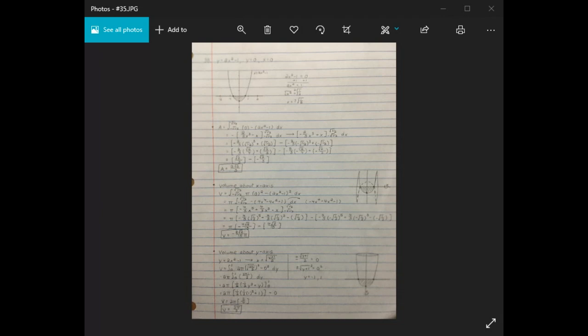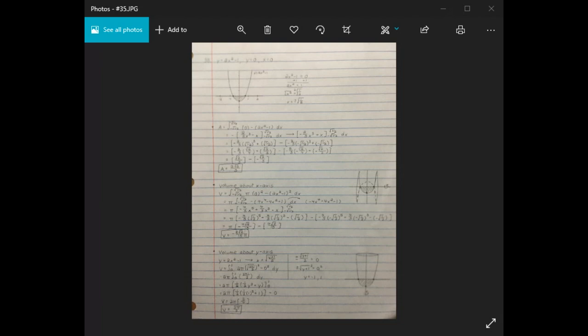And that would be -4x to the fourth plus 4x squared minus 1 to integrate, and then we found the antiderivative, which is -4/5 x to the fifth plus 4/3 x to the third minus x. Then we substitute the x values, square root of 1/2 and negative square root of 1/2 to get a volume of -8 square root of 2 over 15 pi.